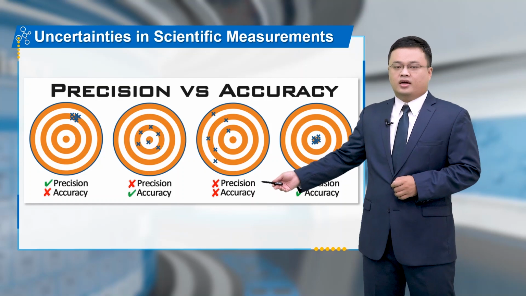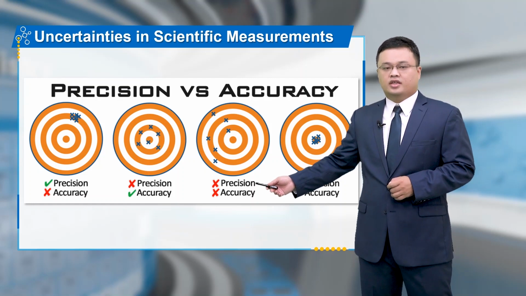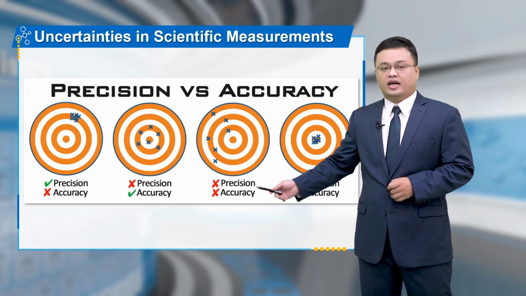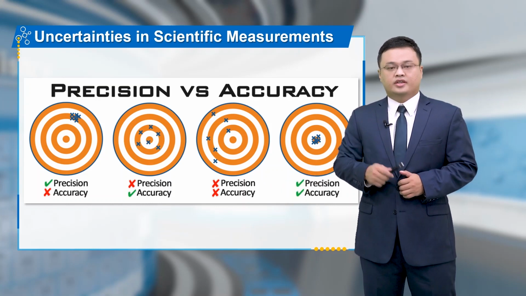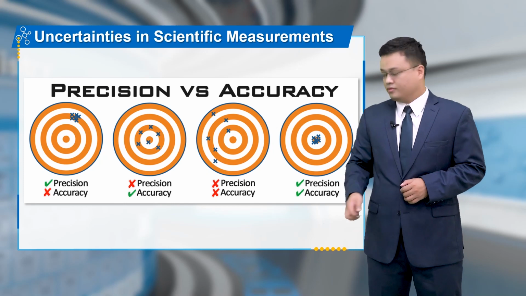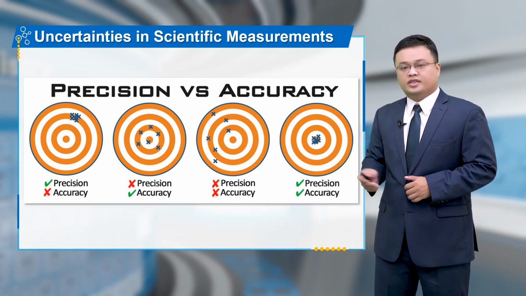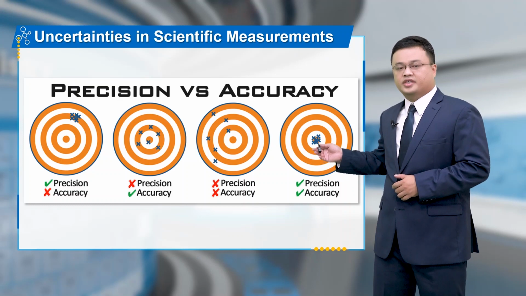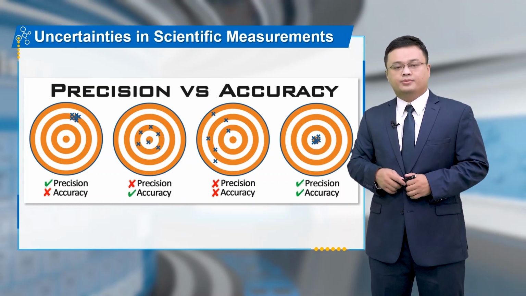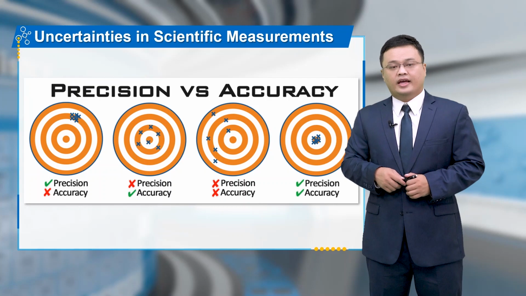If the darts are not close to the center, nor tightly distributed, then it is considered to have neither accuracy nor precision. The last one is easy to tell. Since there is a tight cluster of darts in the center, the distribution has both precision and accuracy.